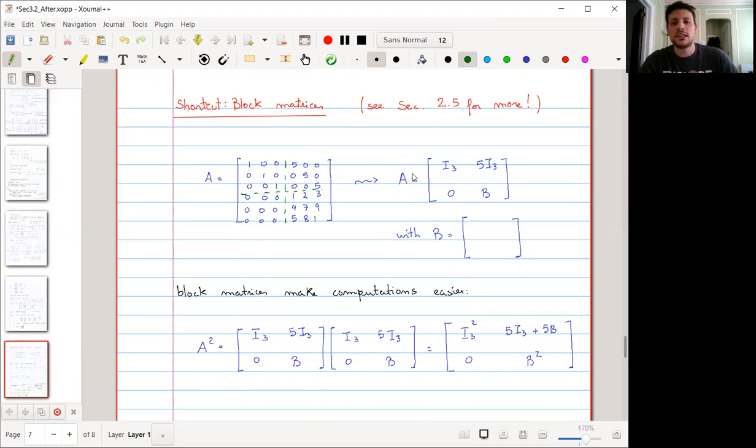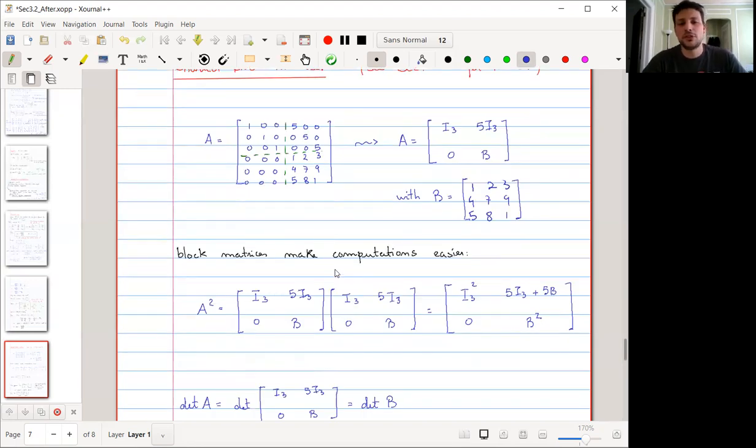We write A as a matrix of 3 by 3 blocks, where two of the blocks are the identity or a scalar multiple of the identity. One is a block of zeros, and the other is a matrix B, 4, 7, 9, 5, 8, 1, in the lower right block.